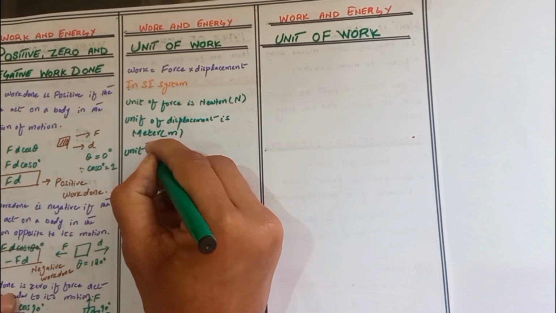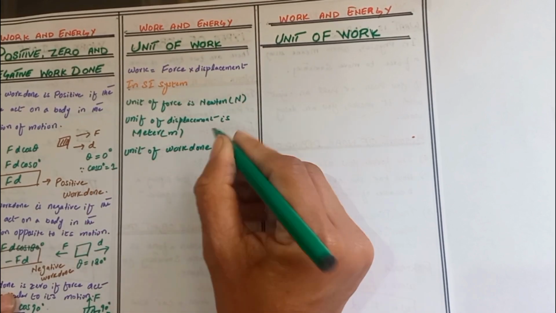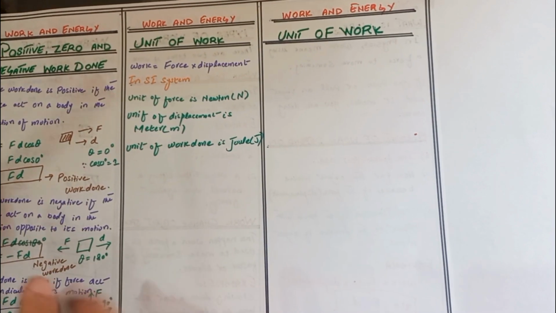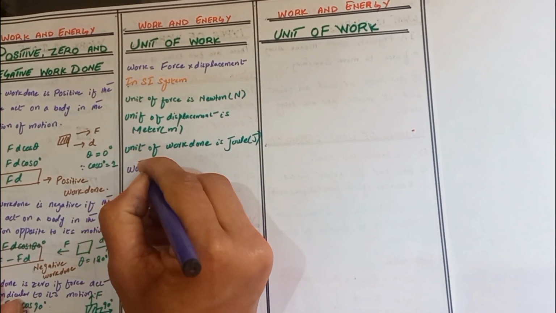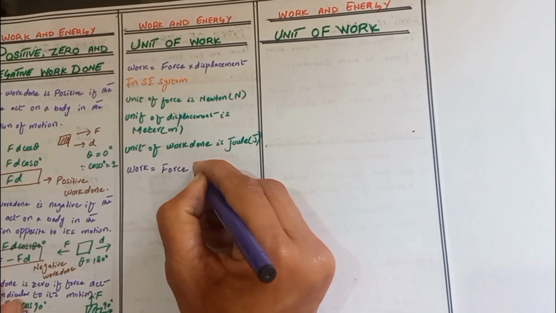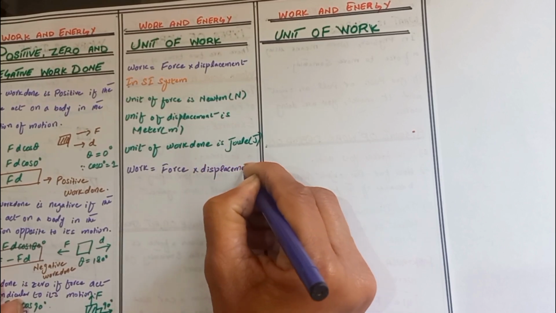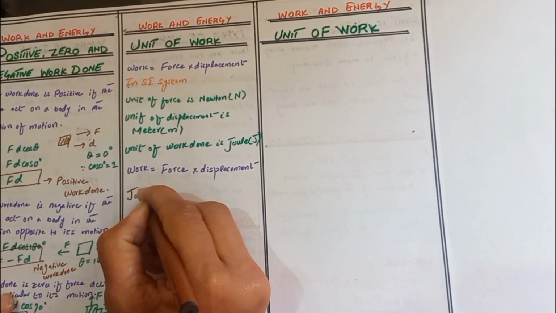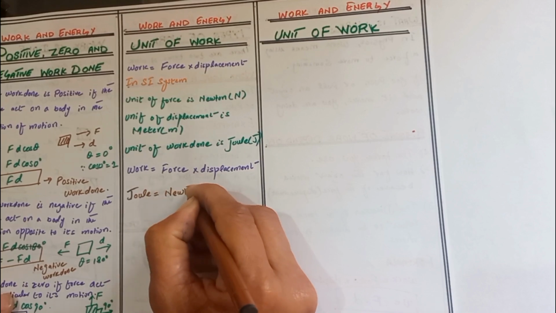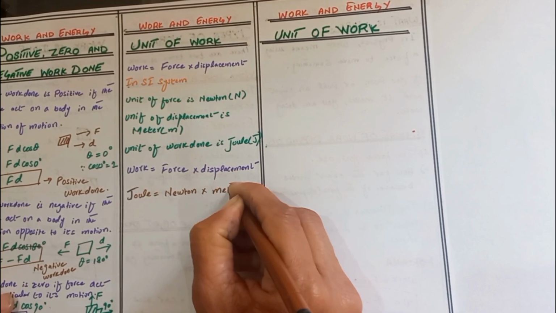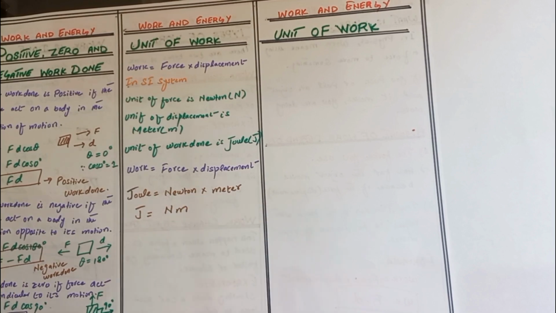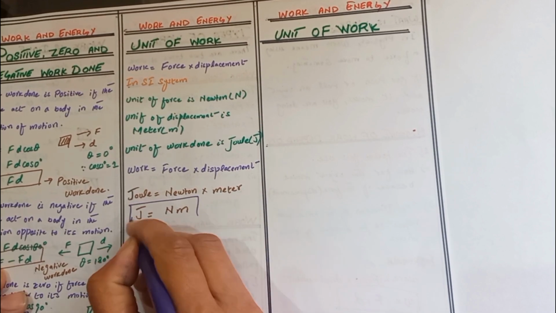The unit of work done is joule. So unit of work is joule, unit of force is Newton, and unit of displacement is meter. In short form, joule is represented by J, Newton is N, and meter is m. So this is the unit of work done.